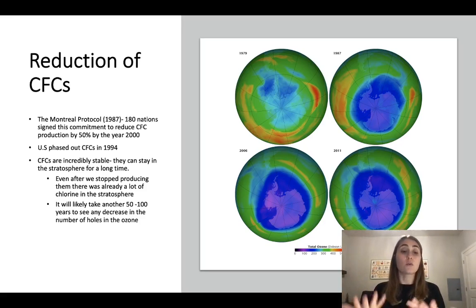So just because we're releasing CFCs right here in California or another state doesn't mean they aren't moving as they make their way to the stratosphere. So it will be another 50 to 100 years before we actually see the effects of the Montreal Protocol. Now, not all countries have phased out CFCs entirely, so we do still see some countries using CFCs actively.